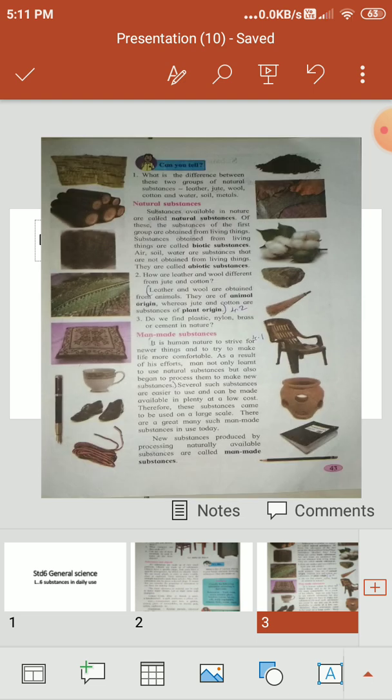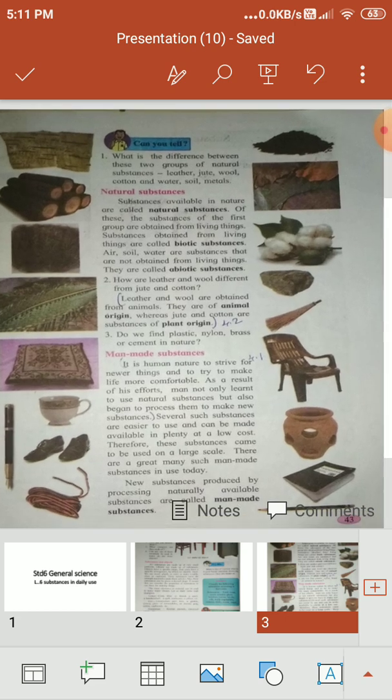Now, what is the difference between these two groups of natural substances? The substances obtained from nature are called natural substances. Okay. Now, the substances obtained from living things are called biotic substances, and the biotic substances are divided into two categories.